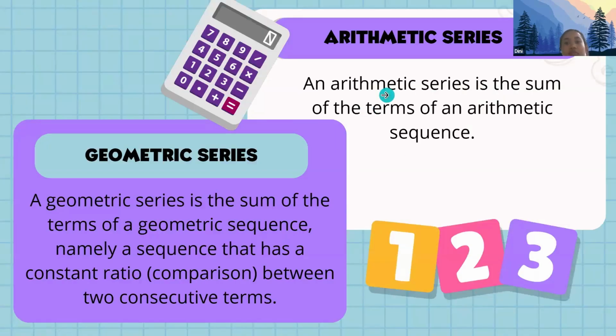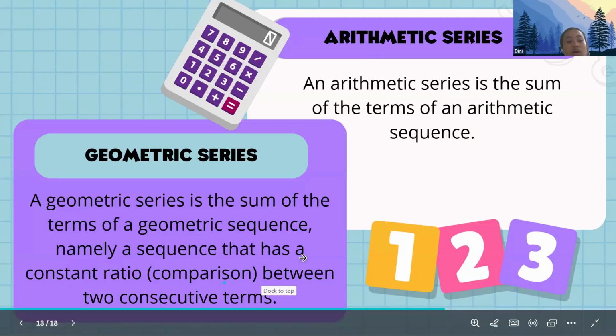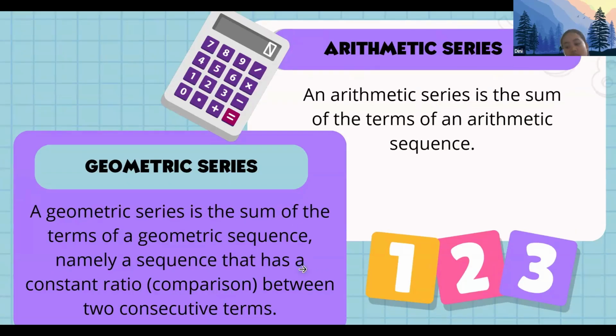The definition of an arithmetic series is the sum of the terms of an arithmetic sequence. And the definition of a geometric series is the sum of the terms of a geometric sequence, namely a sequence that has a constant ratio, a comparison between two consecutive terms.